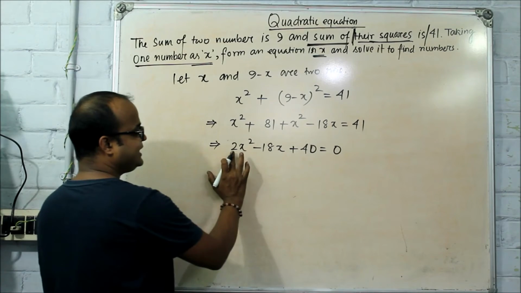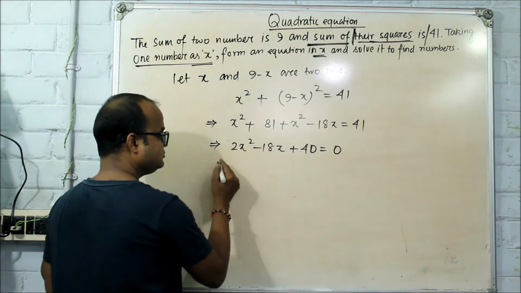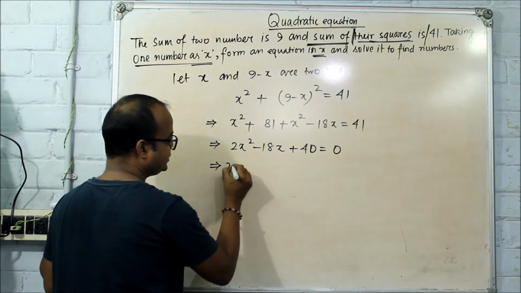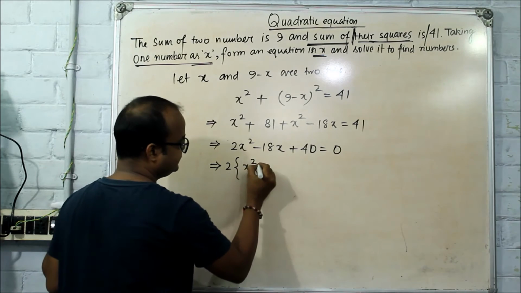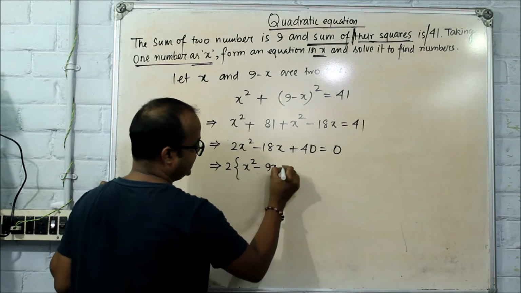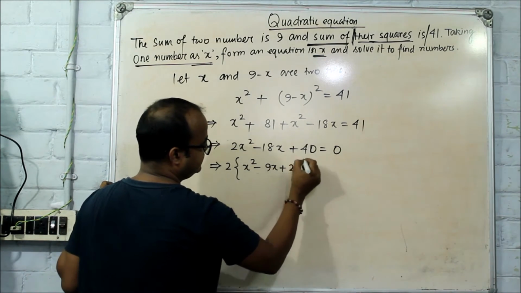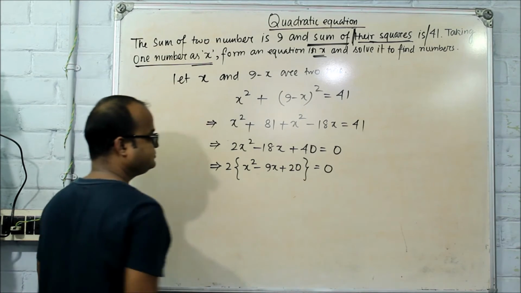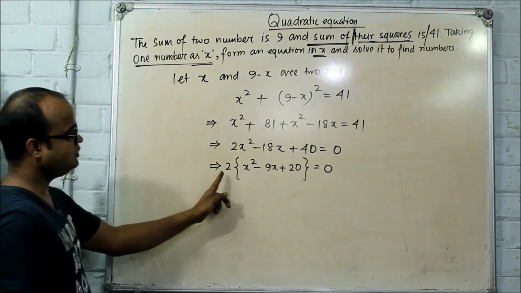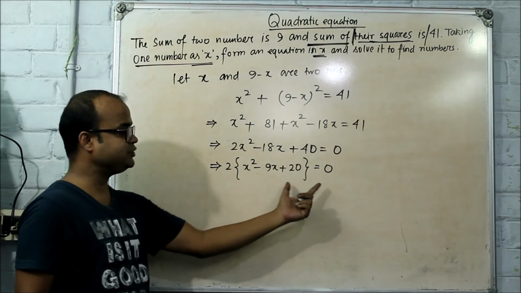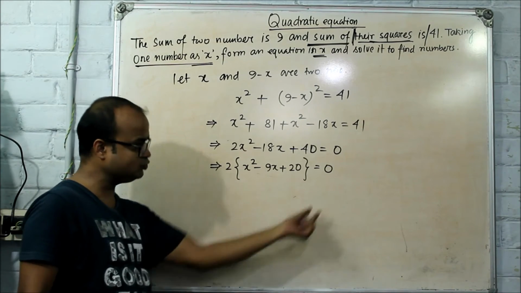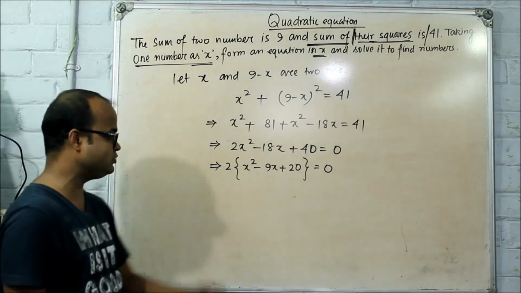Now we can take 2 common from these three terms. If you take 2 common, you will get 2 times x square minus 9x plus 20 is equal to 0. Now if you divide both sides by 2, 0 by 2 is equal to 0.